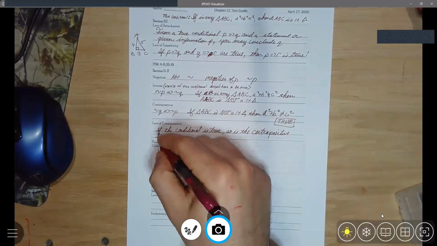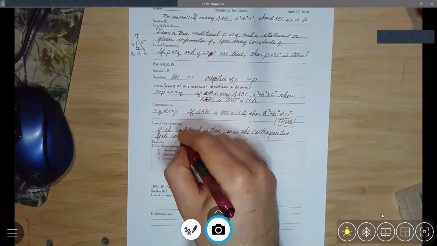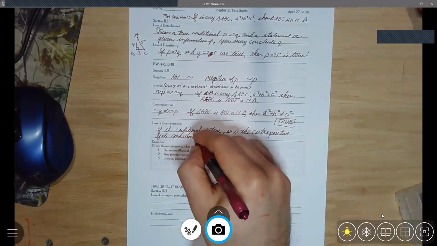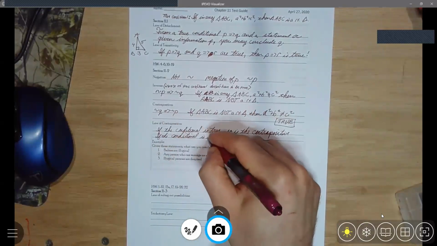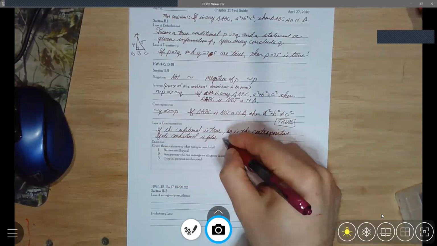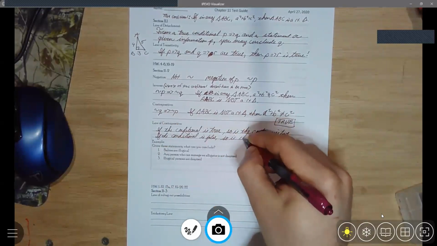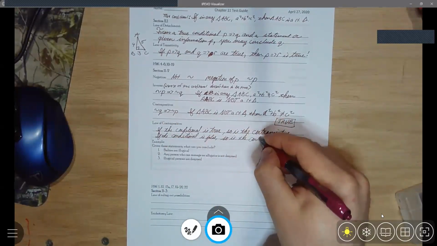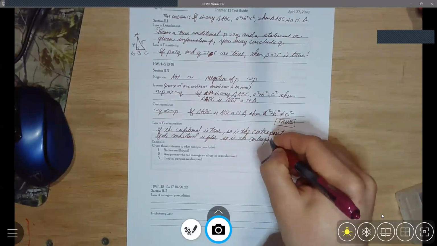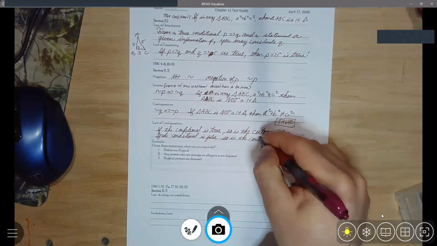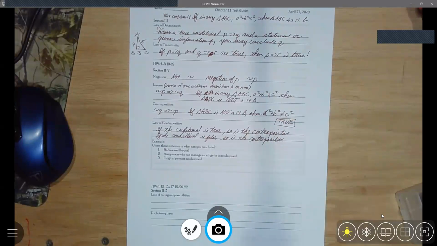And if the conditional is false, so is the contrapositive. In other words, they go together all the time. That's a law. The law of contrapositive.